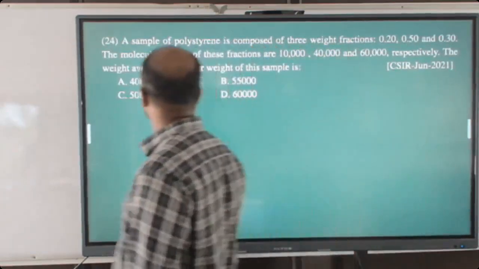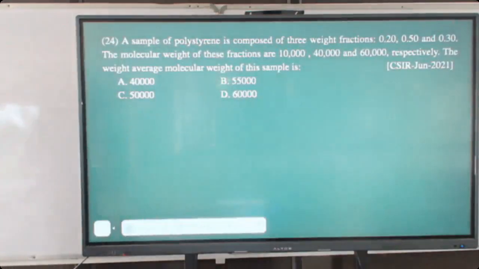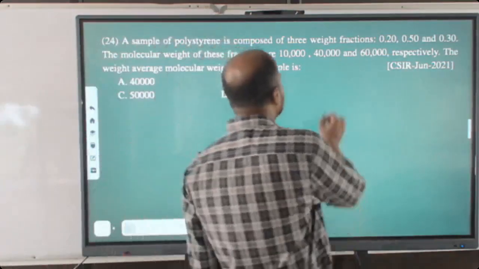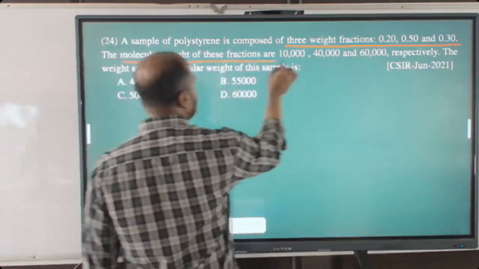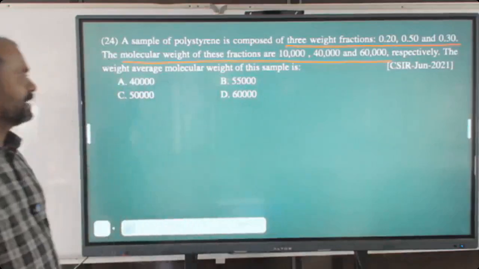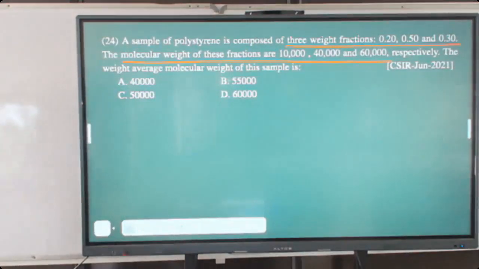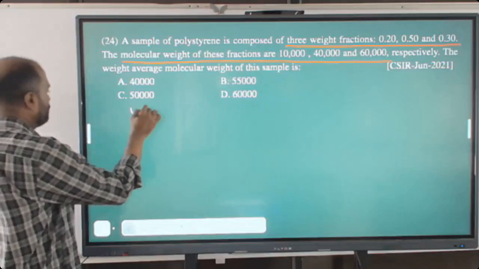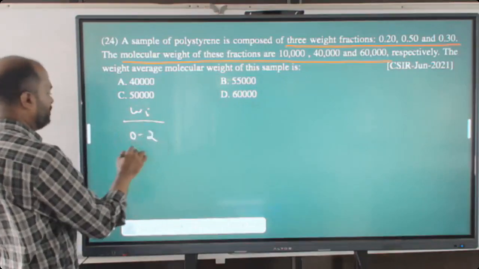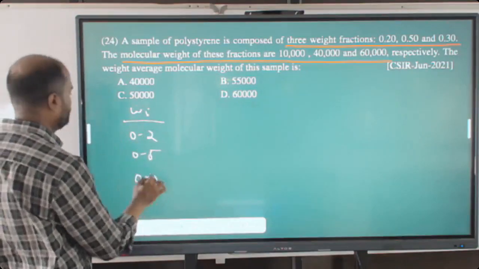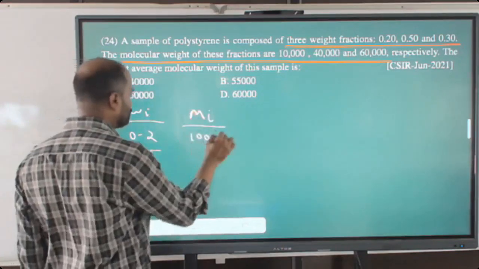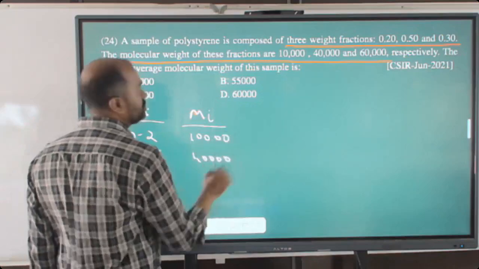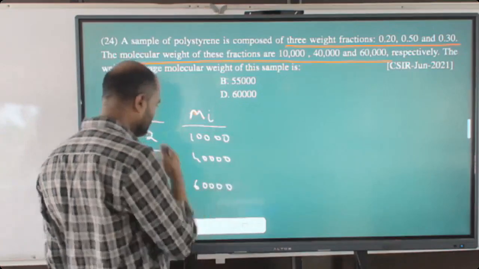It's 24. A sample of polystyrene is composed of 3 weight fractions. Molecular weights of these fractions are given. The weight average molecular weight of this sample: Wi given by 0.2, 0.5, 0.3; Mi is 10,000, 40,000, 60,000.